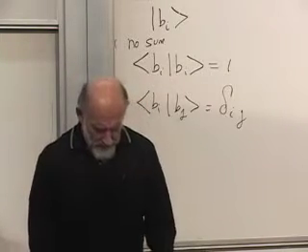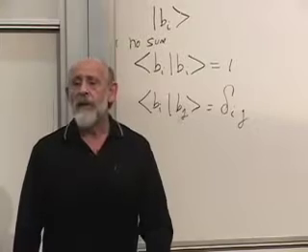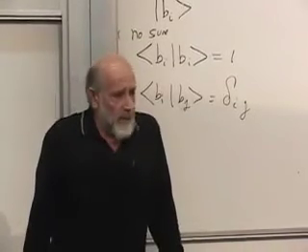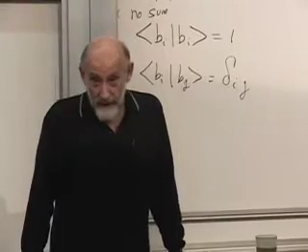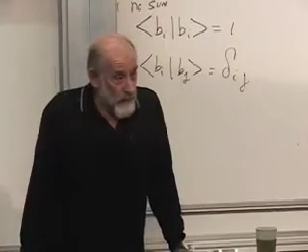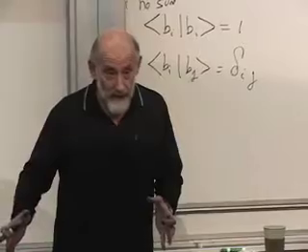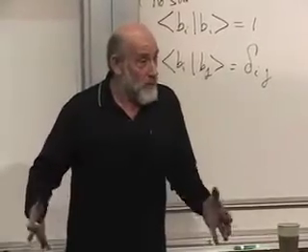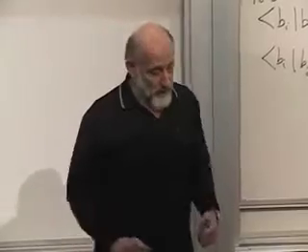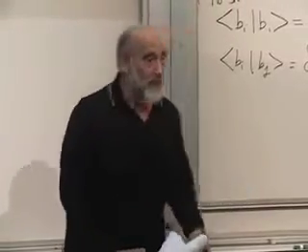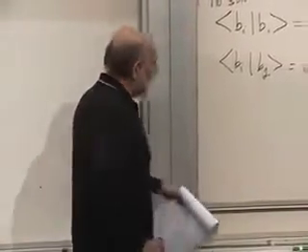Now, let me show you how to take any vector. Let's suppose we have d basis vectors. We know we don't need more than d vectors in a d-dimensional vector space in order to expand any vector. That's the definition of the dimensionality of the vector space. We have d vectors, namely the d basis vectors.